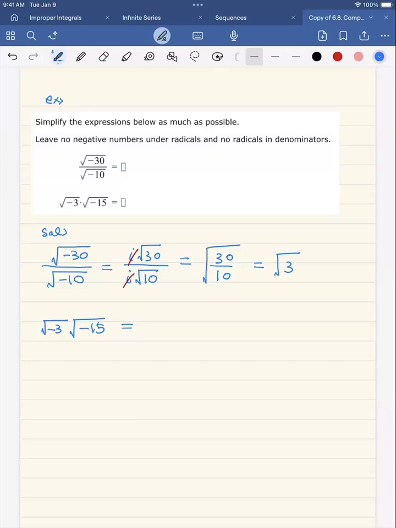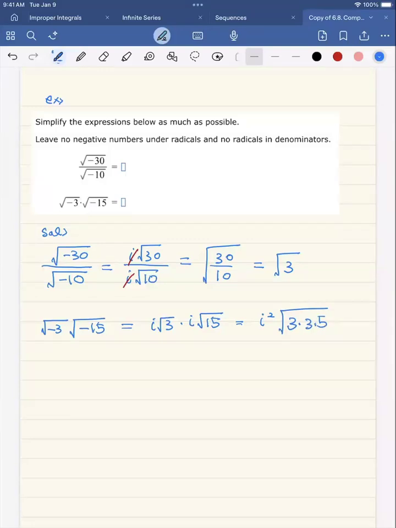In the next problem, we have square root of minus 3 times square root of minus 15. That is i times square root of 3 times i times square root of 15. So that's i squared times square root of 3 times 3 times 5.